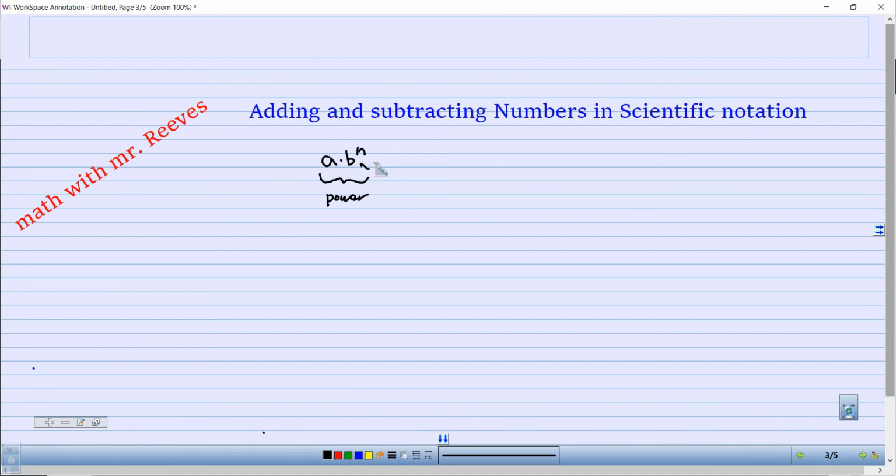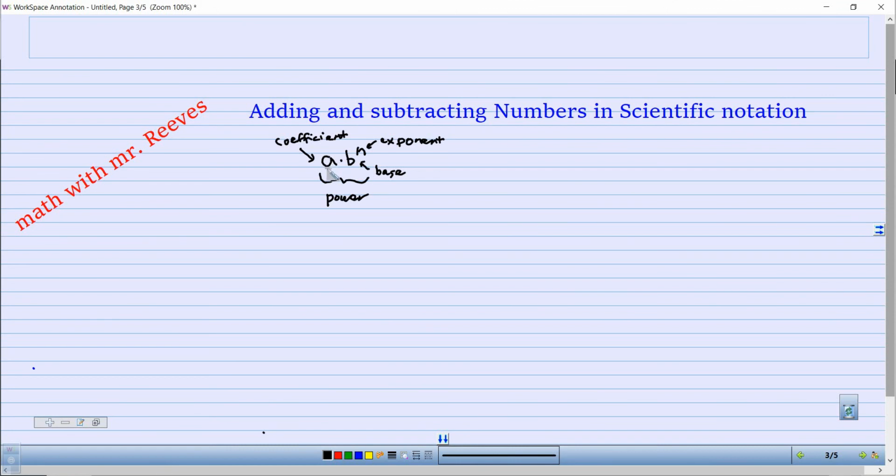And we said that b is called the base, and that n is called the exponent, right? And this a over here is called the coefficient. Now, most of the problems we were doing, the coefficient in those problems was 1. We did some raising a power to a power problems where it wasn't, and maybe 1 or 2 here or there, but for the most part, our coefficient was 1.